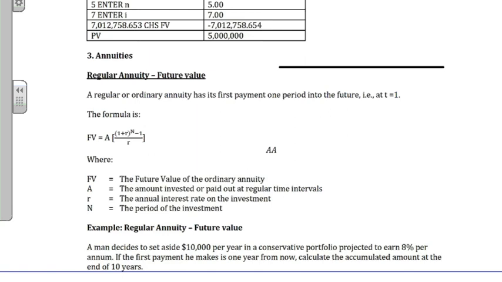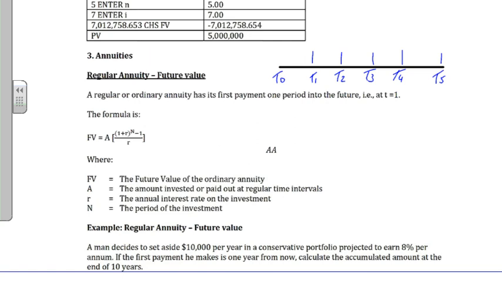Now, let's work it this way. Let's say there's time period 0, and there's time period 5. Let's say a payment, an annuity, is going to be made in time period 1, time 2, time 3, time 4, time 5. So there's going to be all the various payments made.